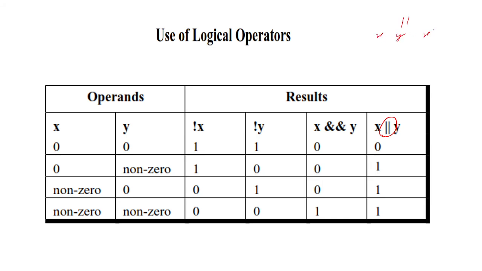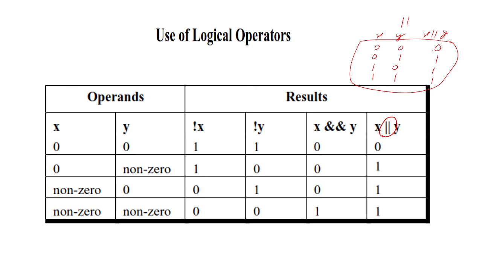Likewise, in the case of the OR operator, if we have values of x and y and we apply the OR operator to x and y, and the values are like this, it will have 0, 1, 1 and 1, like an OR gate.